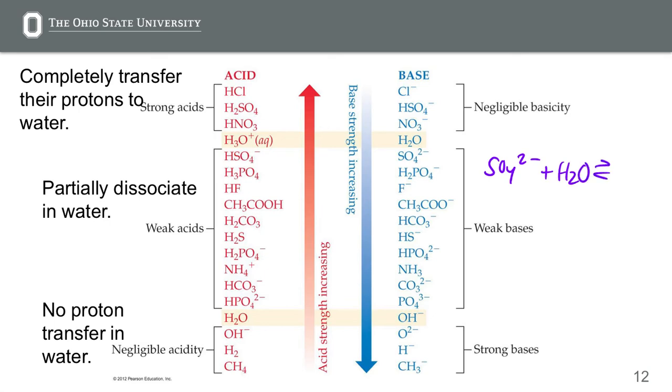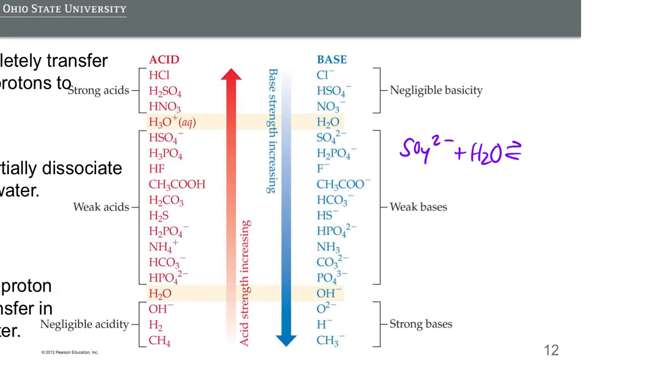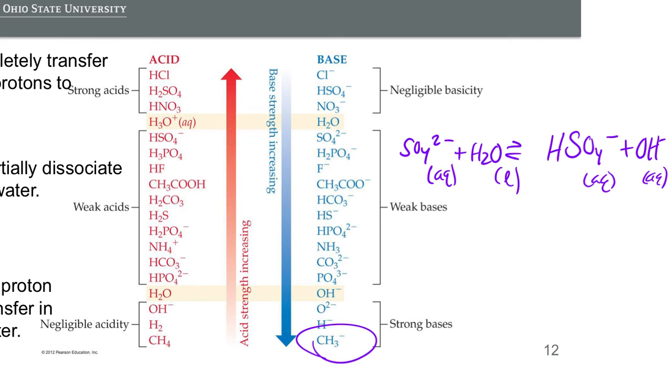It will have some amount by which it can act as a base and form HSO4- and OH-, all of those aqueous, except for the water. Okay, so that's what we're thinking about when we're looking at relative acidity and basicity. Something like CH3- is a very strong base, will react with water to form CH4.